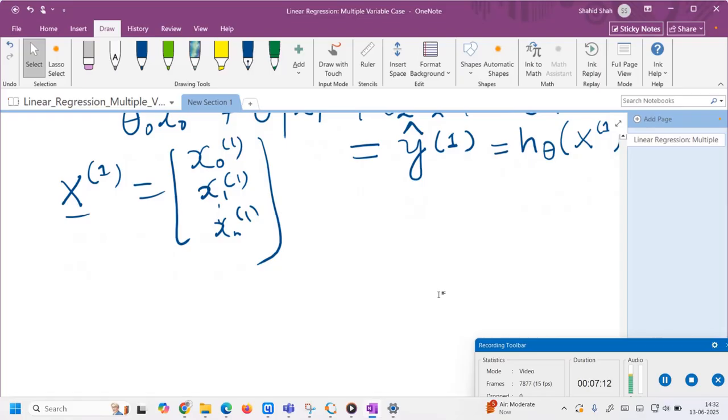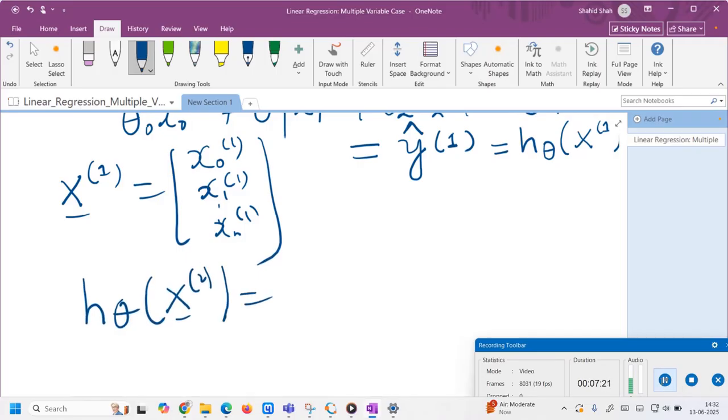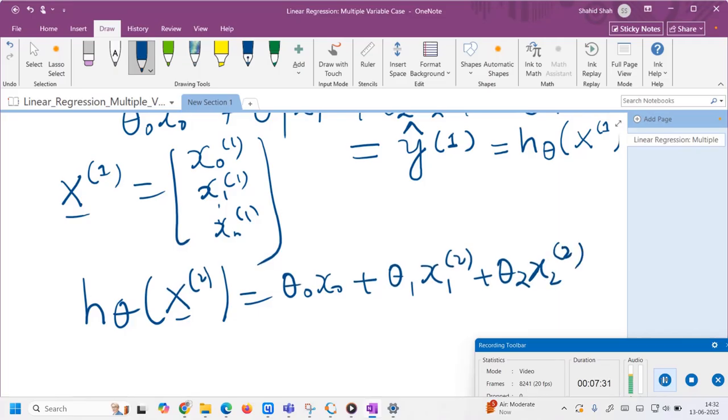Now for another training sample, what will be the hypothesis function? So h theta of x2 will be theta 0 x0 plus theta 1 x12 plus theta 2 x22 plus theta n xn2.